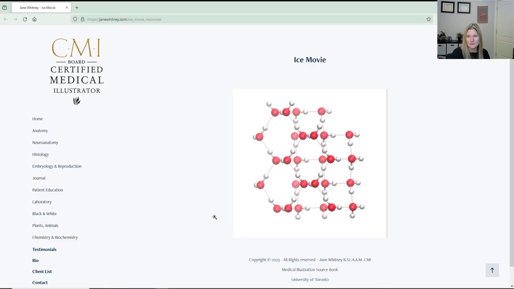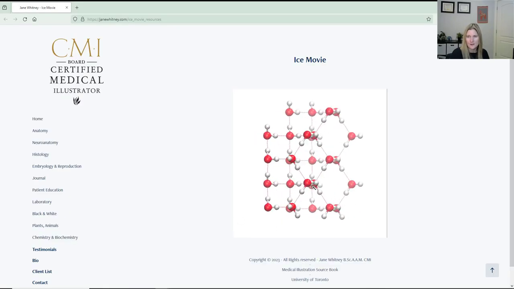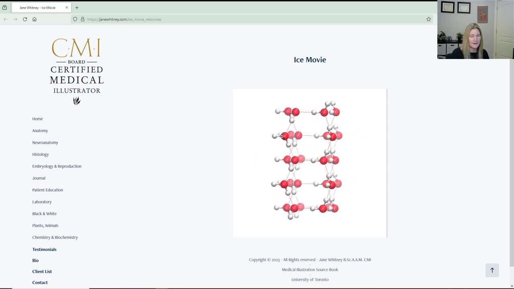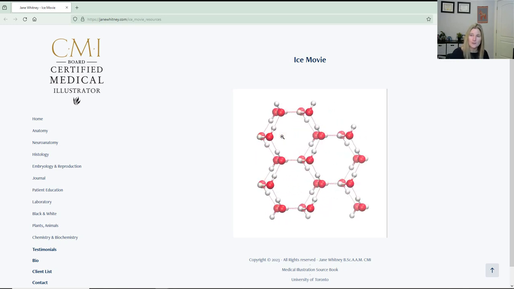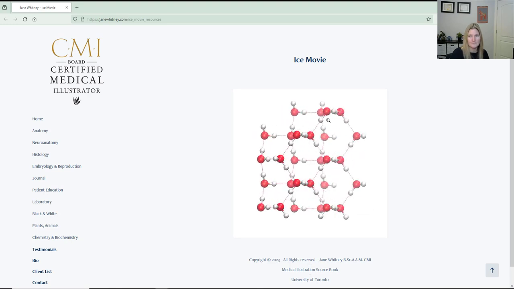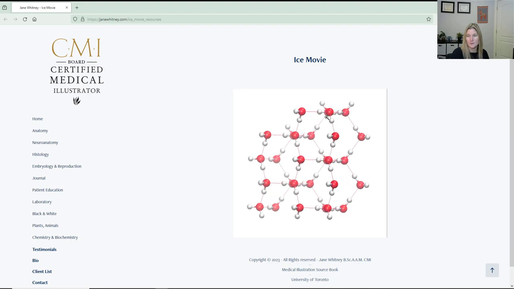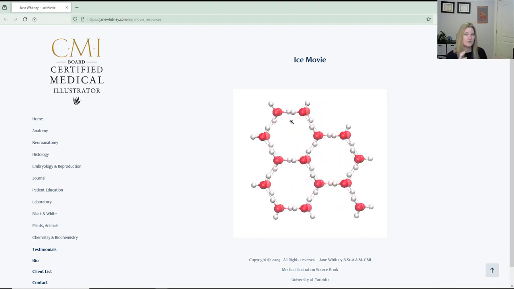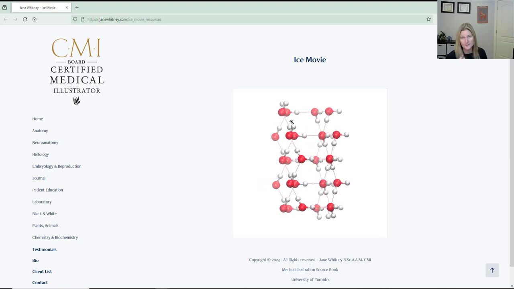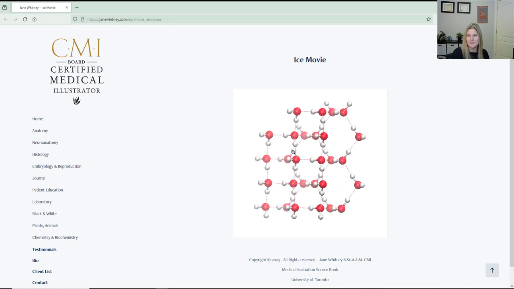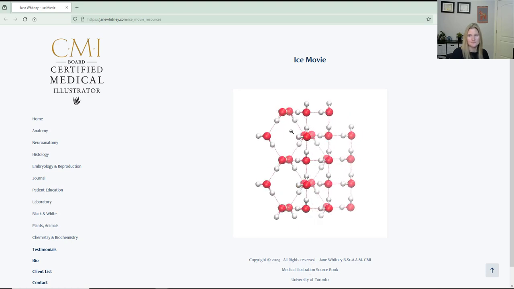So if we take a look at ice, you can see how we have the hydrogen bonds between the hydrogen of one water molecule and a nearby oxygen of another water molecule. And because the molecules have slowed so much because of the cold temperature, they are kind of stuck in this lattice structure.